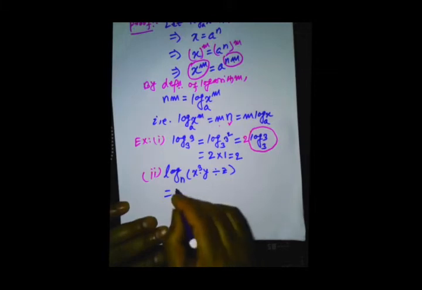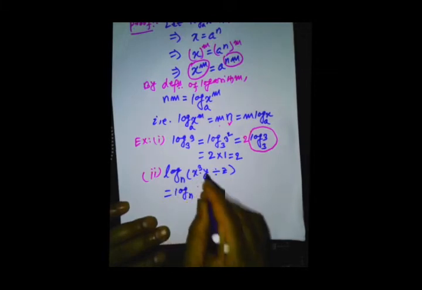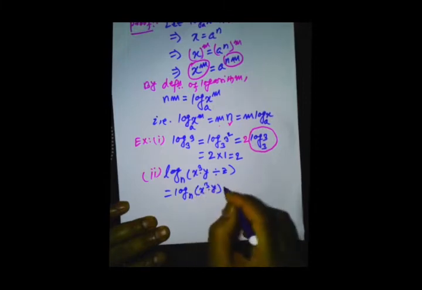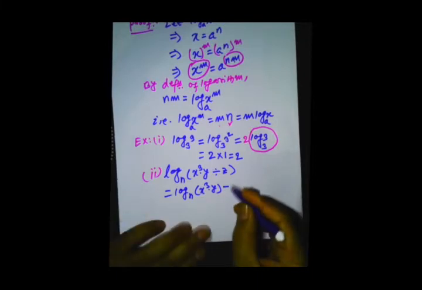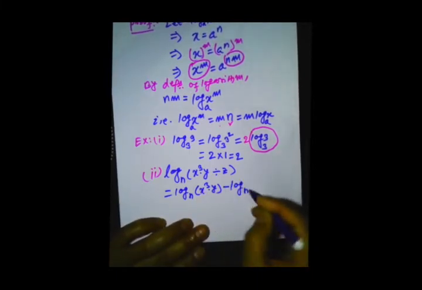So here log base n, and you can see x cube y, so we can write x cube y, and for division we write minus by using the quotient rule of the logarithm, and here log base n of z.